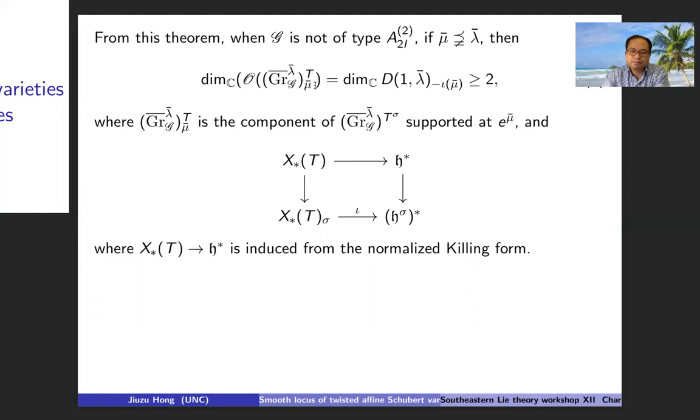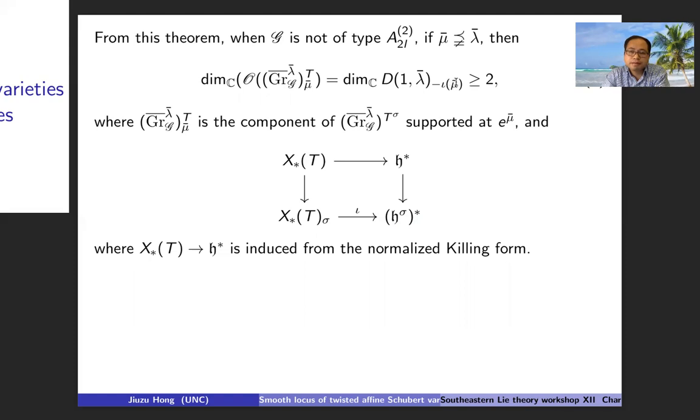Okay, so this is E2 mu bar. So this is a point in the twist affine Grassmannian. And it turns out if mu bar is strictly dominated by lambda bar, the dimension will be greater than 2, right? Because this dimension is equal to the dimension of the Weyl module of this affine Demazure or the twist current algebra.